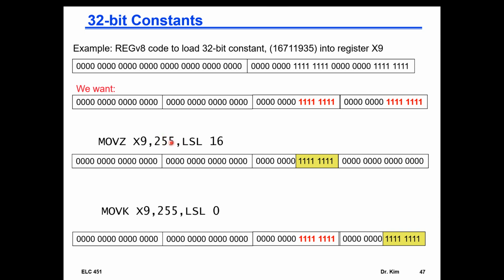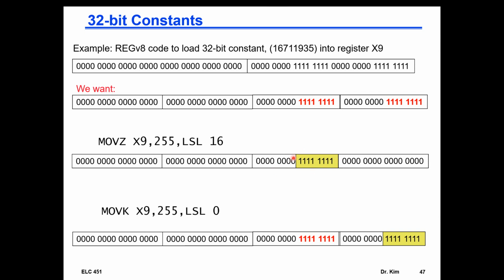So this is actually a byte, which is this byte here, shifted by 16 bits left and filling with zeros. So that's what the move with zero means. So then we're going to load that value, and it's going to get shifted. So the contents of the register is going to have that upper half here.